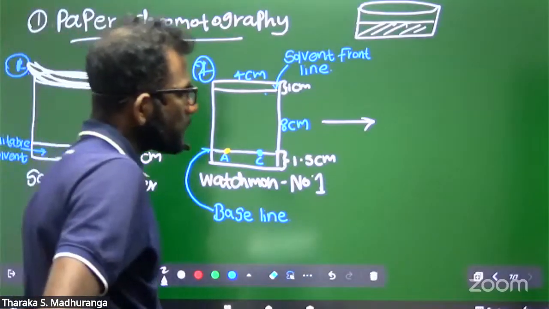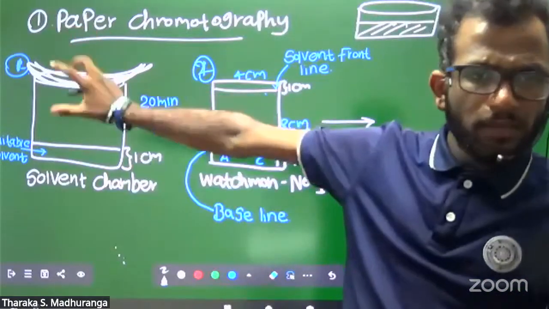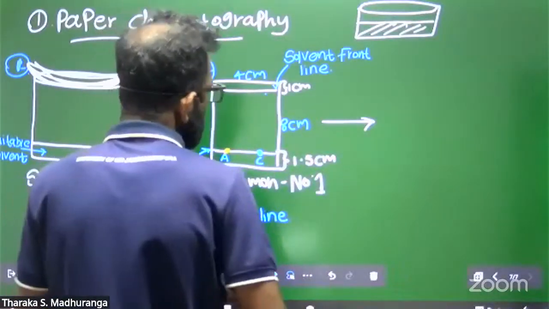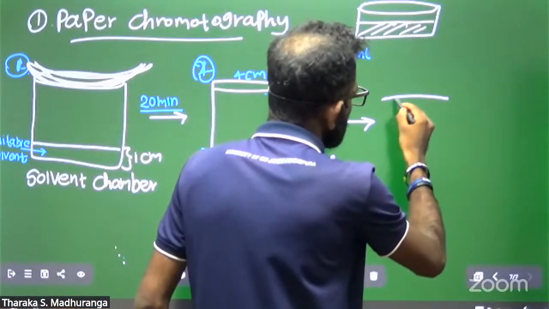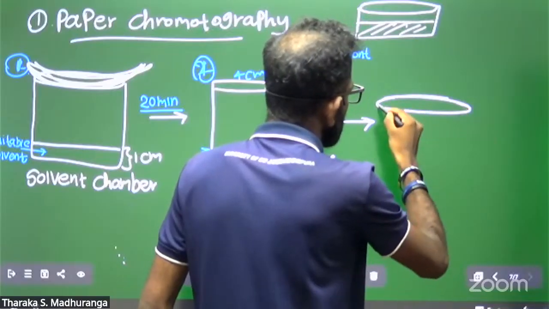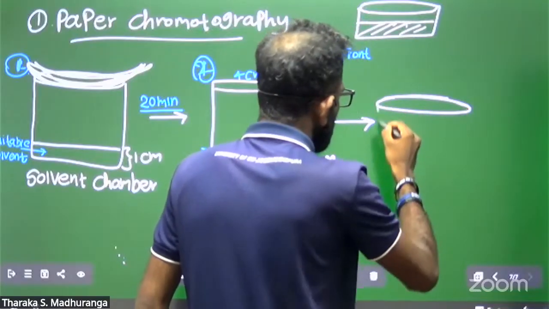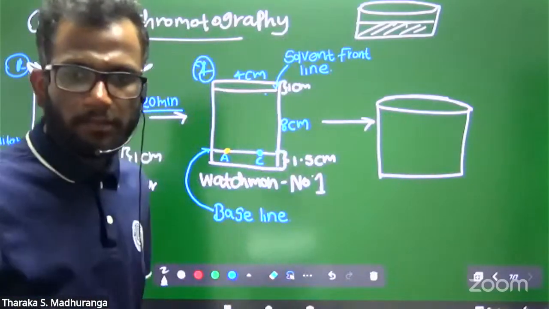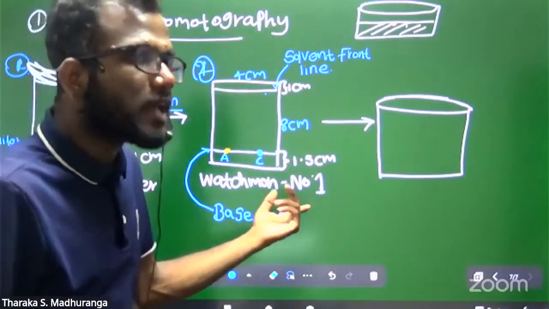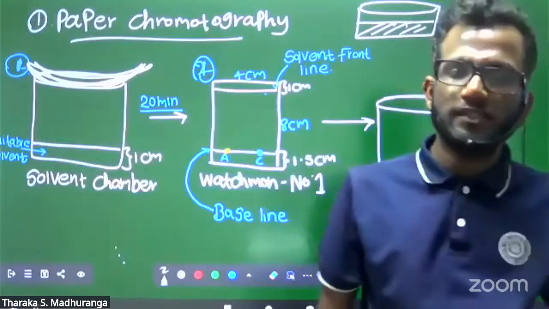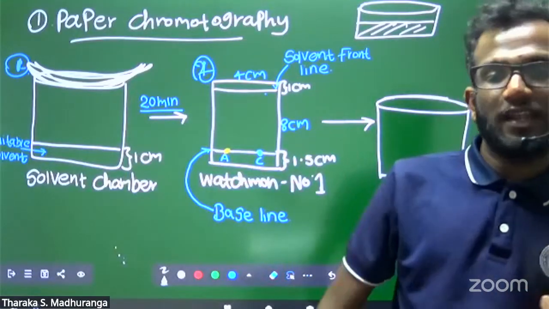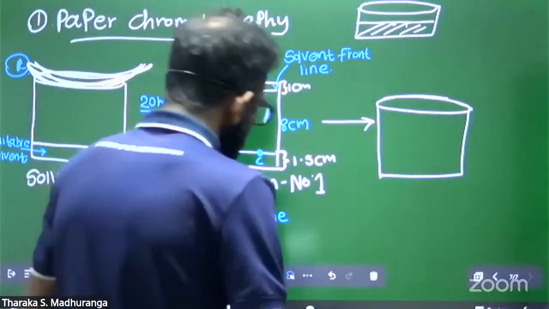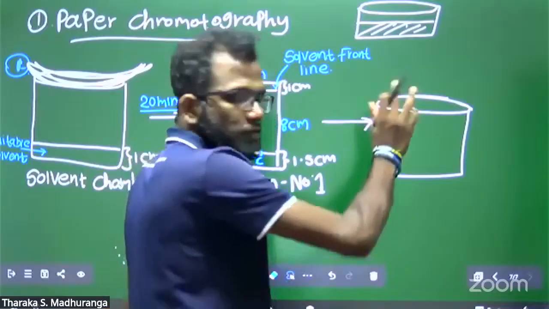The third step: after 20 minutes in this solvent chamber, think of it as a reaction chamber. Sorry, don't mix it with the reaction chamber, that is for the next lesson in industrial chemistry. This is the solvent chamber.